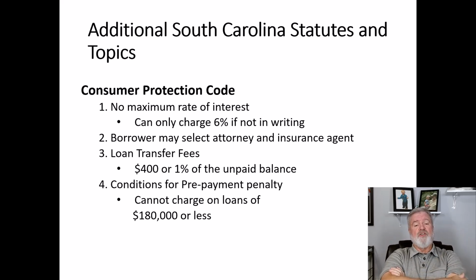But y'all, you're only assuming a $150,000 balance. So the 1% should be 1% of the $150,000, not the purchase price of $200,000. So just beware of that. And then once you know what 1% of that unpaid balance is, is that more or less than $400? And then whichever is the lower amount, y'all, that's going to be the answer that they're going to be looking for.